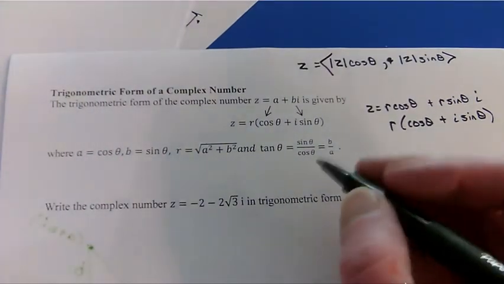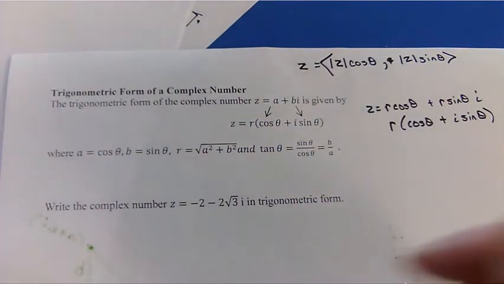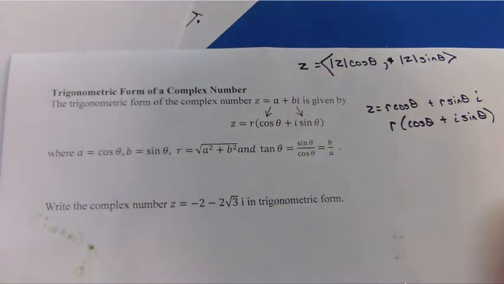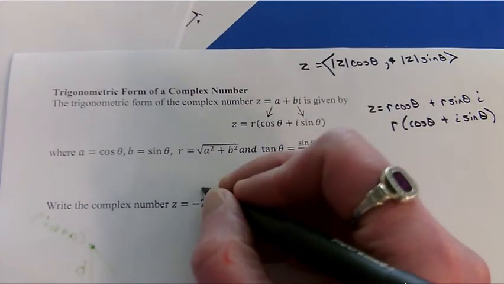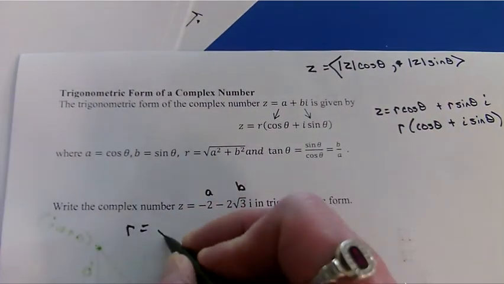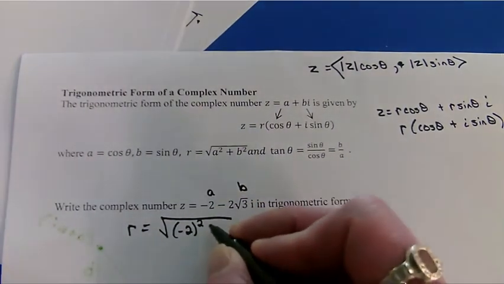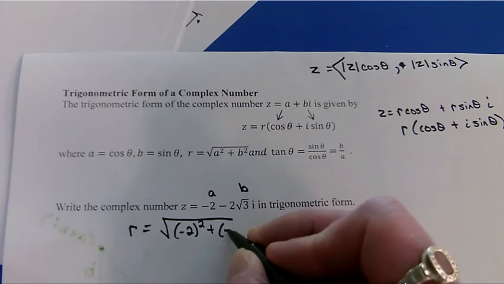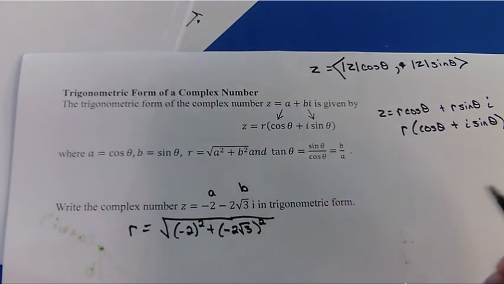And to find the angle, we're going to do b over a, rise over run, y over x, sine over cosine, however you want to see it. So here's my a and my b. First, I need to find r. Horizontal component squared plus vertical component squared.